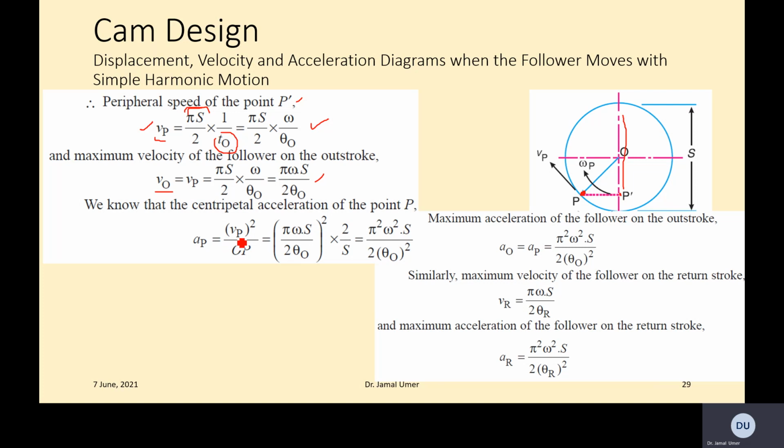It is determined from the tangential velocity: a is equal to v squared over r. Instead of v we have Vp, and instead of r we have OP, which is the distance. The Vp is already determined, in terms of omega, S and theta 0. So you plug that in, and that's your acceleration.